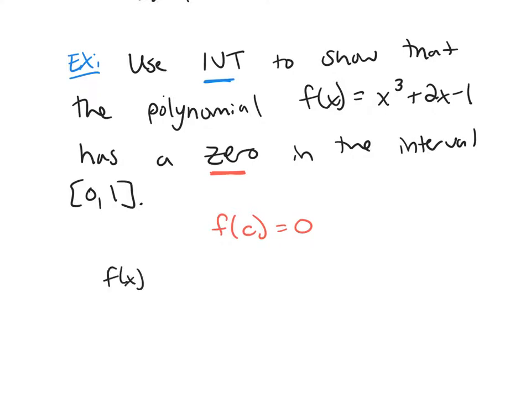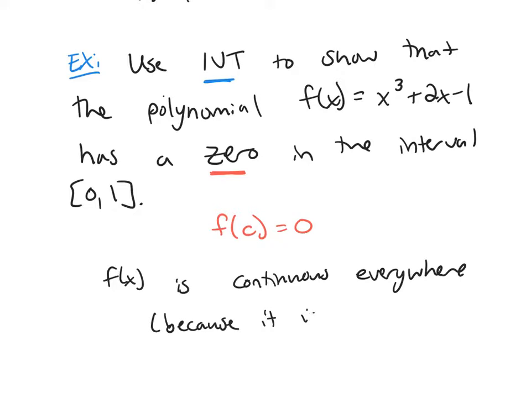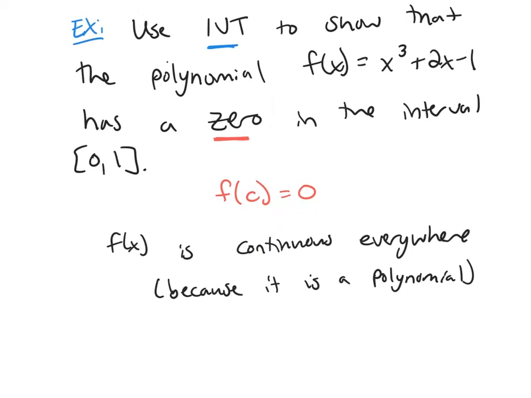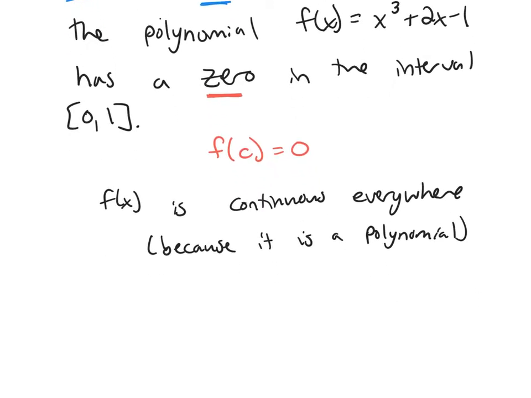F of x is continuous everywhere because it is a polynomial. Polynomials are continuous everywhere. And so in particular, it's continuous on my closed interval.